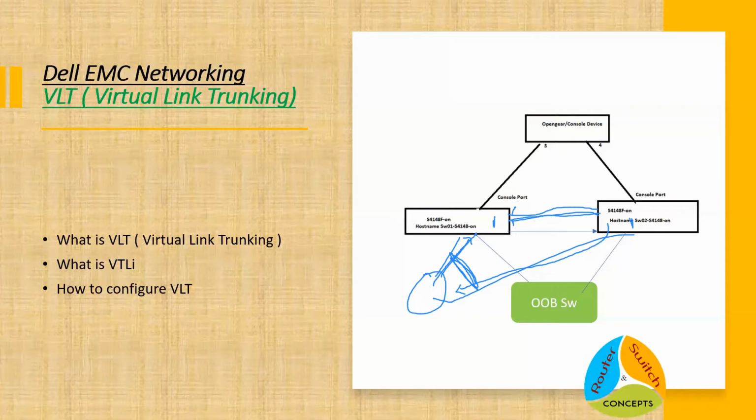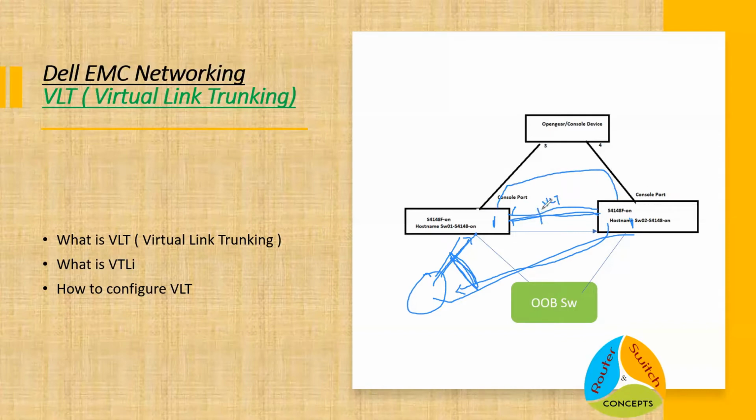What is VLTI? Let me complete that part also. VLTI is nothing else, actually. There are two types of things. One is carrying all the traffic between both the switches, like MAC addresses, all the data traffic and other stuff, so we create a VLT link. And VLTI means, between these switches there is a hello packet.